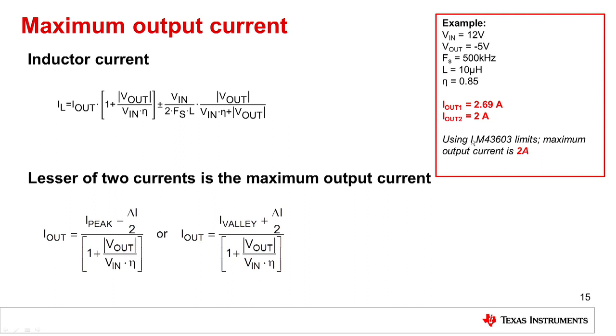According to the data sheet of the LM43603, if you take the current limits and put them in these equations, you get these maximum output currents from these two equations. Obviously, you have to pick the lower of the two, so under these particular conditions, if I were to use the LM43603, I could only get 2 amps maximum out of this regulator. Keep in mind that the LM43603 is actually a 3 amp buck regulator, so you can't get the full 3 amps out of it when you're using it as a buck boost.